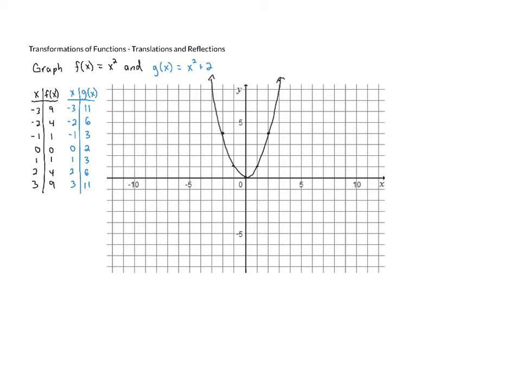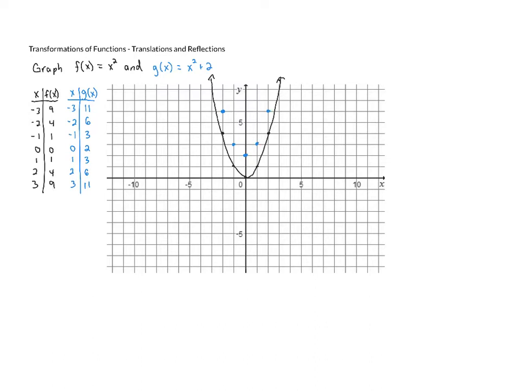All right, now let's take a look at g of x. Here we haven't graphed this one before, so I'm actually going to plot these points. I'm going to start with -2, 6, because -3, 11 has a y value that's a little big. So -2, 6 is right here. -1, 3 is right here. 0, 2 is on the y-axis. And then we've got 1, 3, and we've got 2, 6.